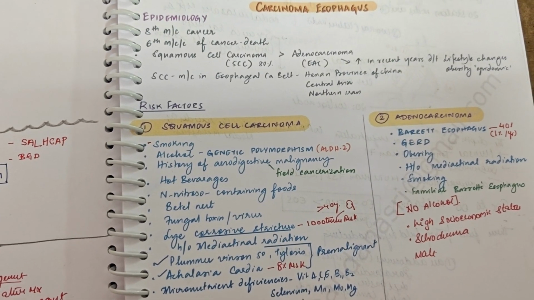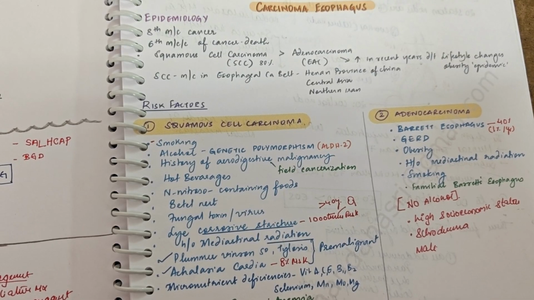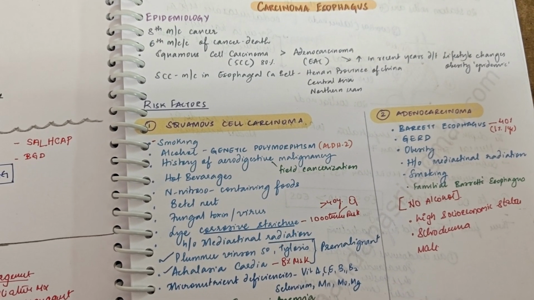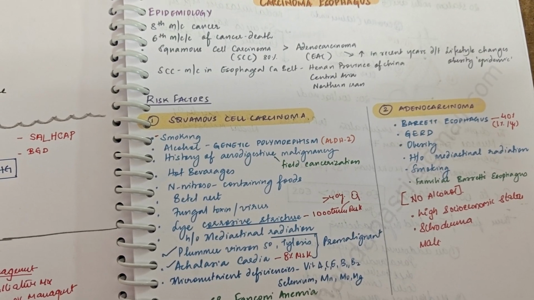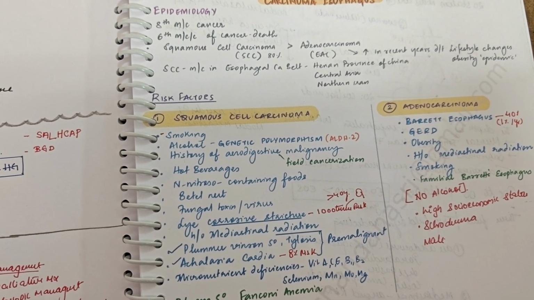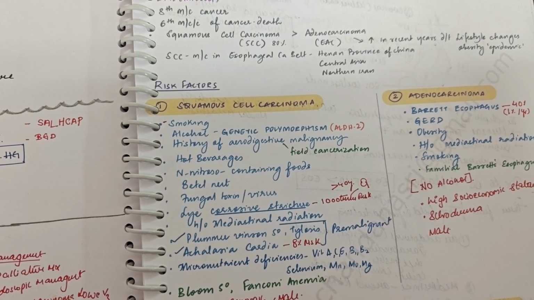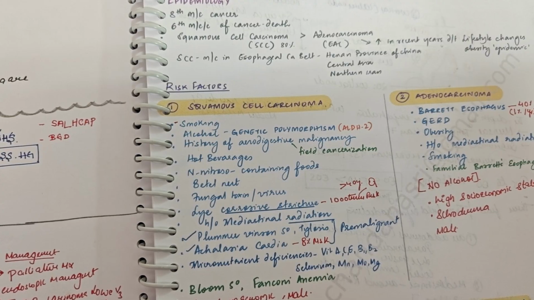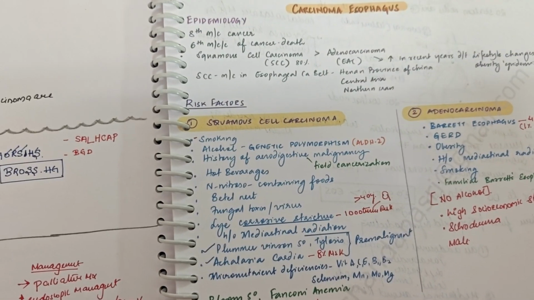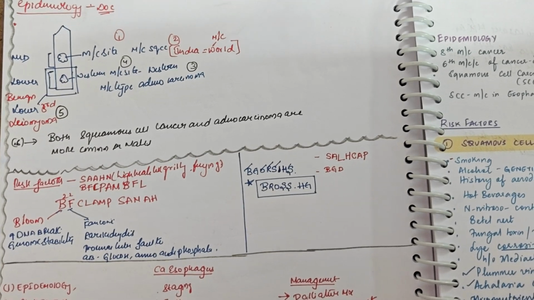Adenocarcinoma has increased in recent years due to lifestyle changes like the obesity epidemic. And squamous cell carcinoma is most common in the esophageal CA belt, like in Central Asia, Northern Iran, then the Himalayan province of China.